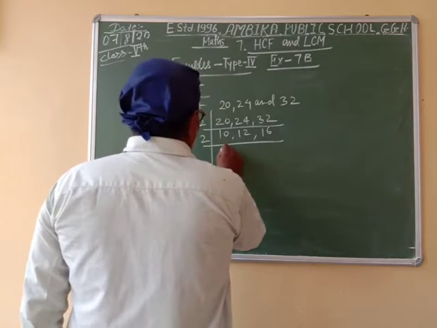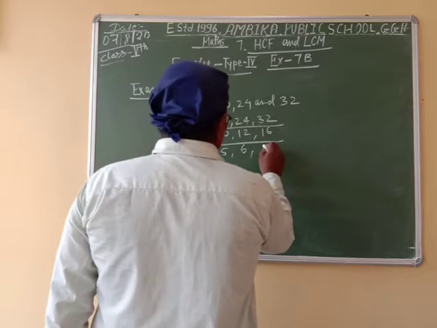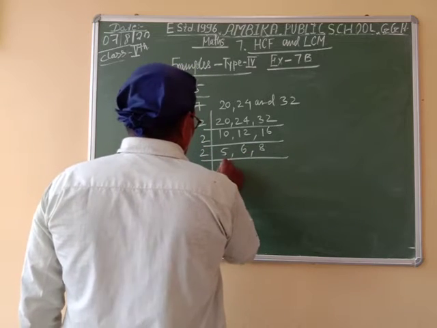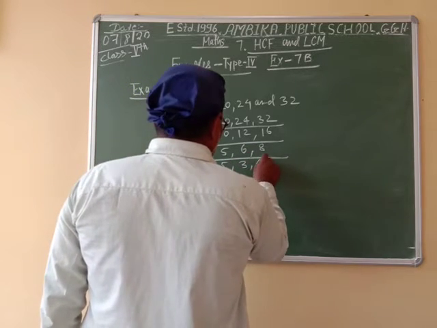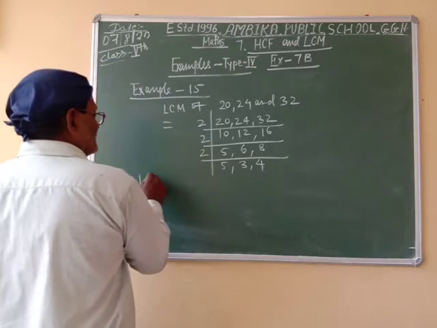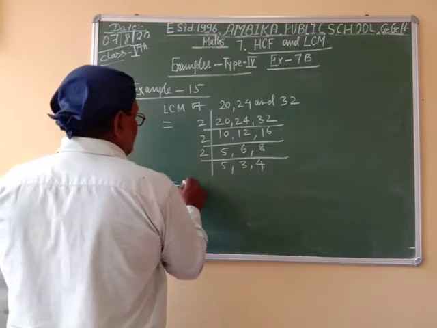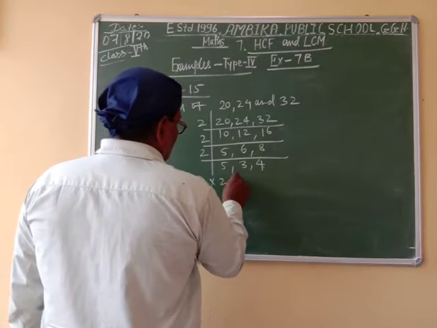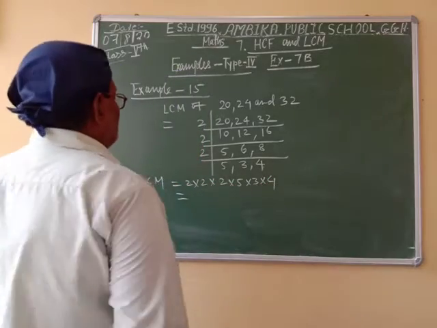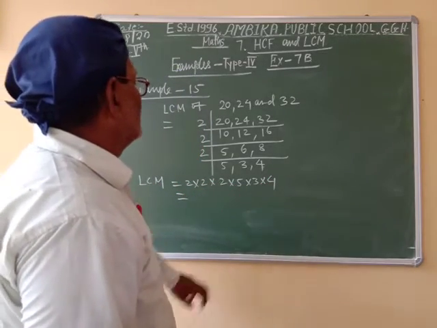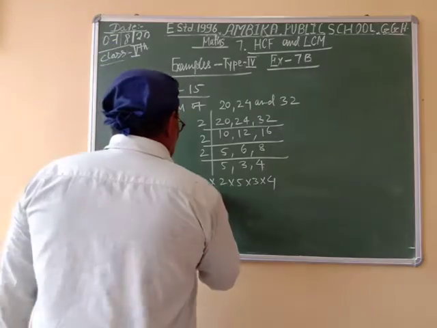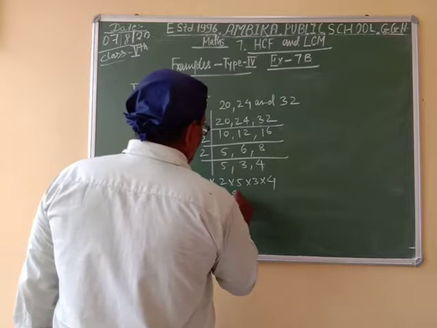Again dividing by 2: 5, 6, 8. Again dividing by 2: 5, 3, 4. Now LCM is equal to 2 into 2 into 2 into 5 into 3 into 4, which is equal to 480 seconds.